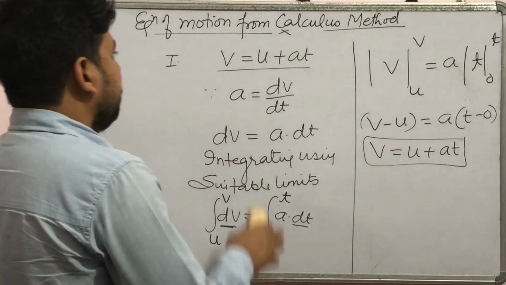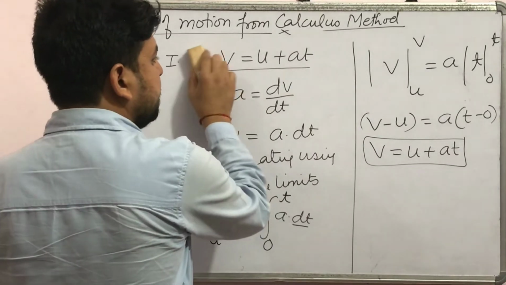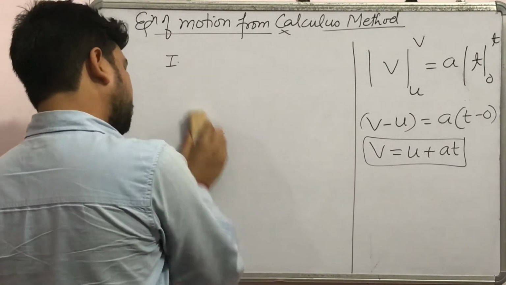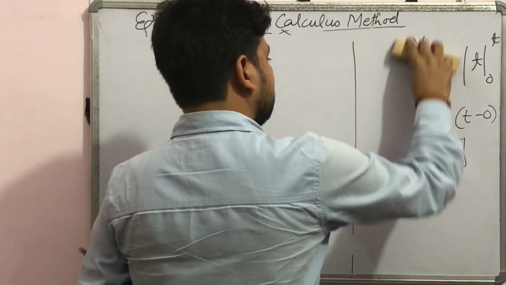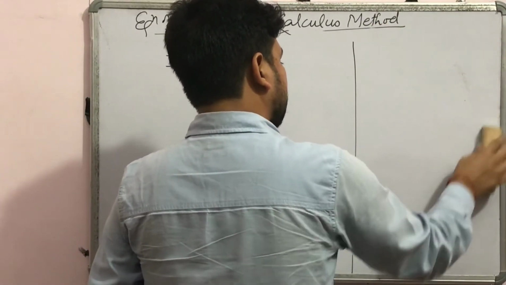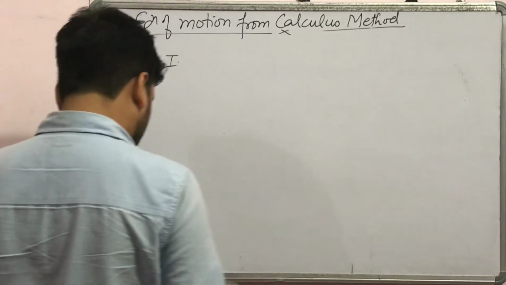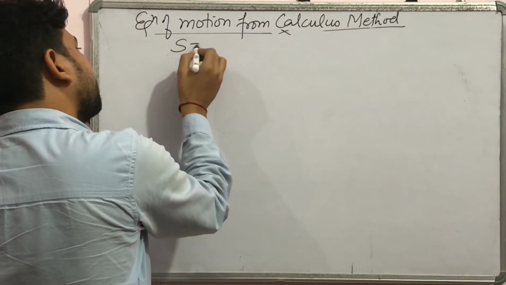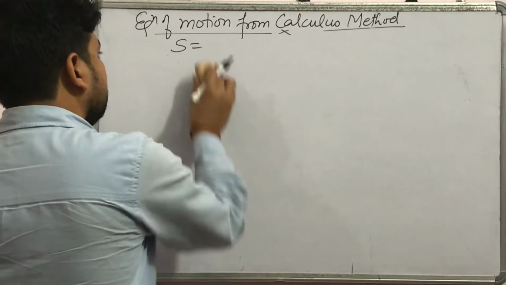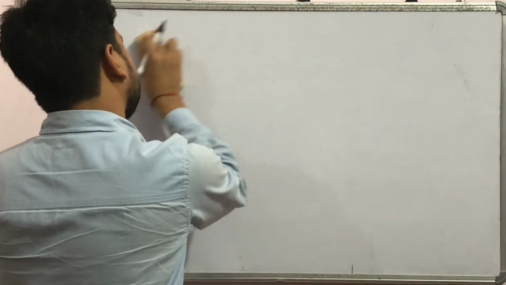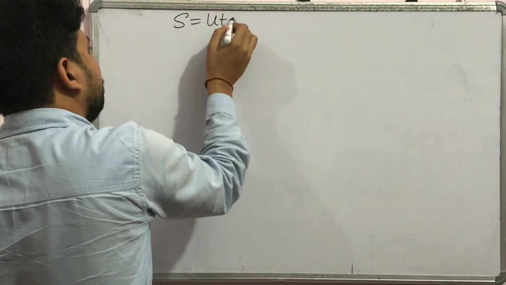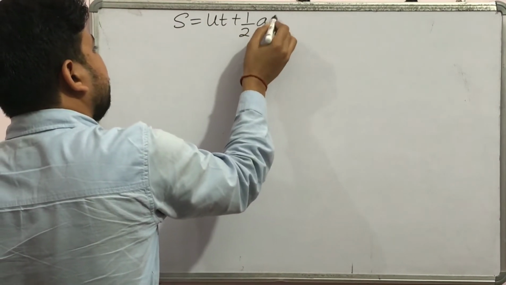Now we will derive the second equation of motion, that is s equals to ut plus half at square.